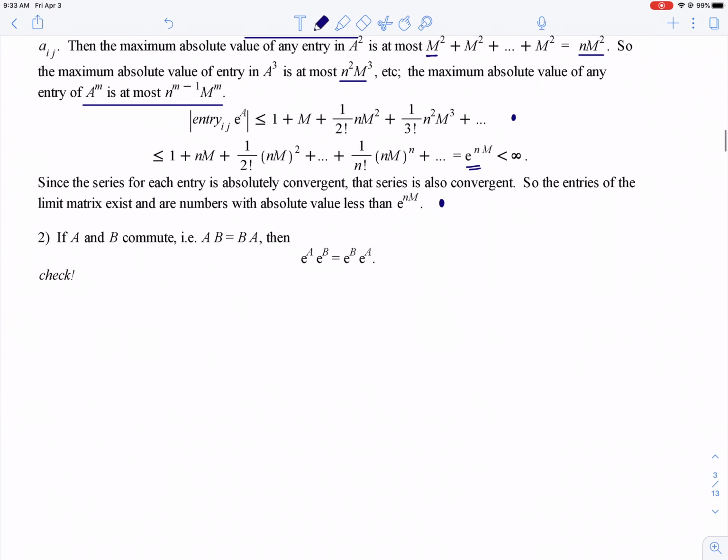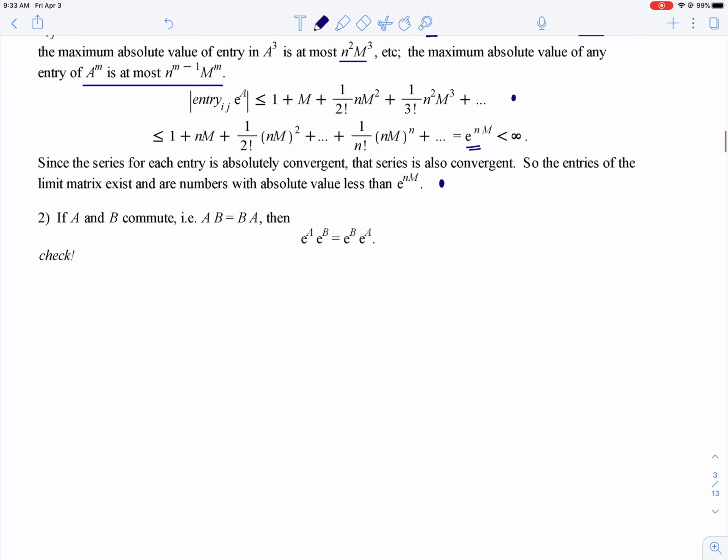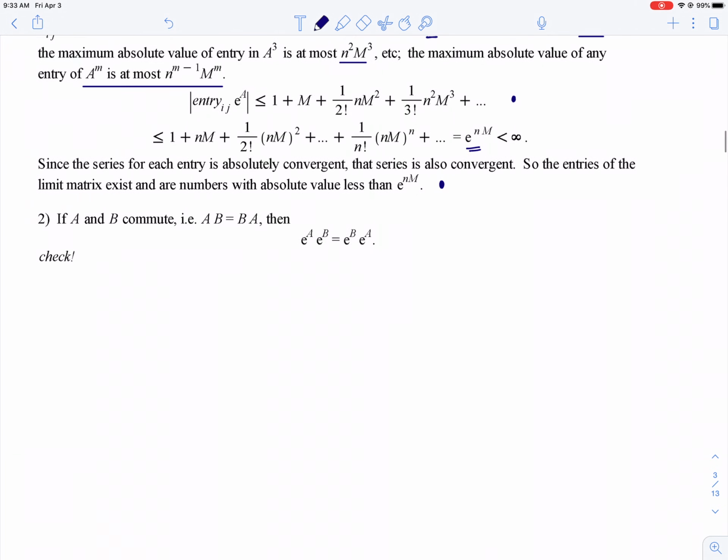Now, let's check properties. It's not always going to be true that e to the A e to the B equals e to the B e to the A, and this is related to the fact that matrix multiplication is not commutative in general.